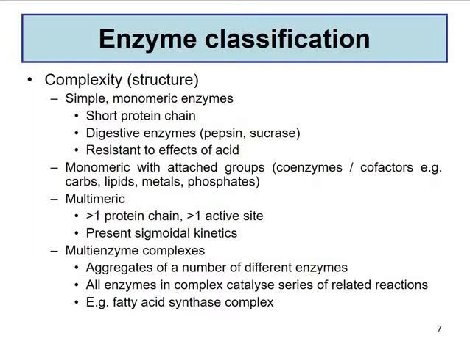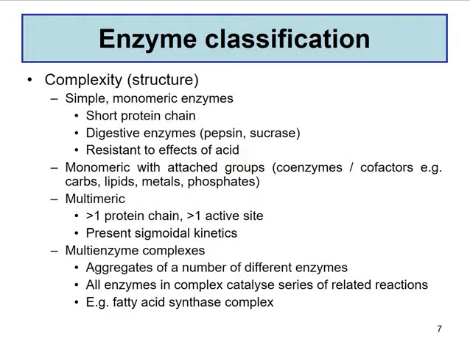Then you have multimeric. So with multimeric, you actually have more than one protein chain and more than one active site. I'll still talk about the active site. These ones are usually present in sigmoidal kinetics. And then you also have the multi-enzyme complexes. So what happens here is actually an aggregate of a number of different enzymes.